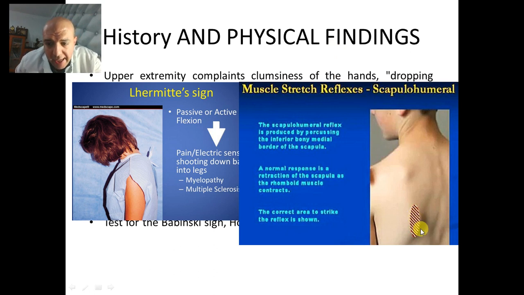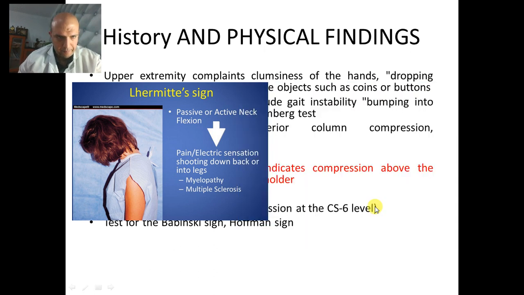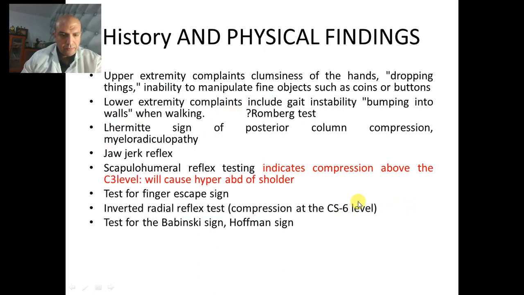When you tap at the inferior angle of the scapula, you have hyperabduction of the shoulder. This indicates an upper motor neuron lesion above the cervical region.